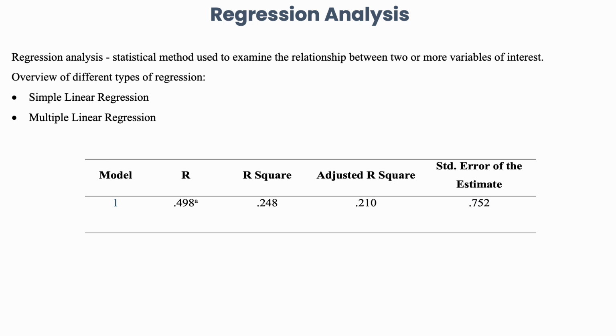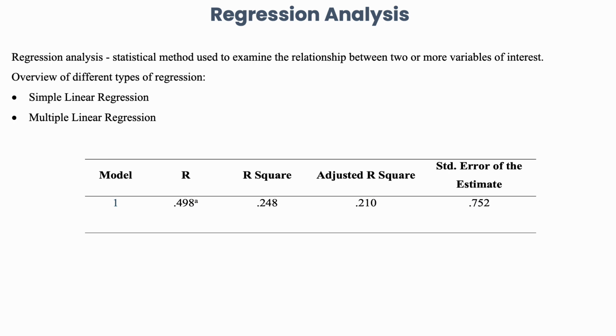The primary goal is to understand whether and how some variables, the independent variables or predictors, influence others, which are the dependent variable or outcome. In simple terms, it enables us to understand how the typical value of the dependent variable changes when any of the independent variables is varied, while the other independent variables are held fixed.